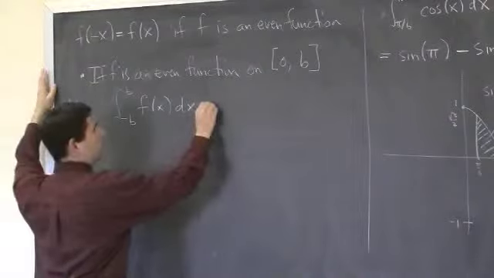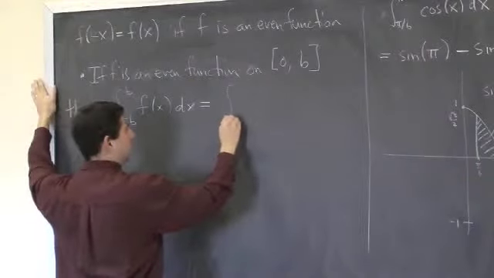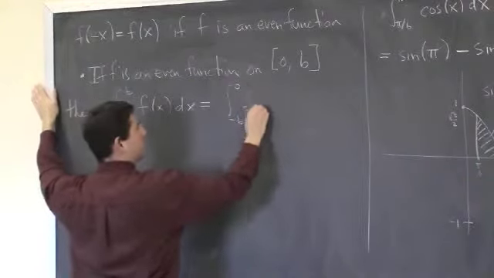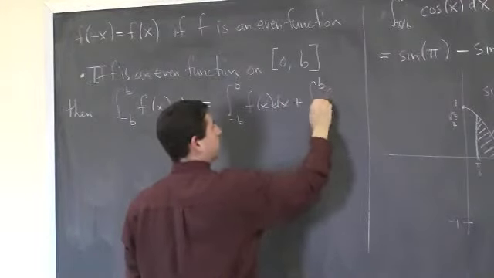Well, we can break this up. We know we can break it up. This is the integral of minus b to 0 plus the integral from 0 to b.